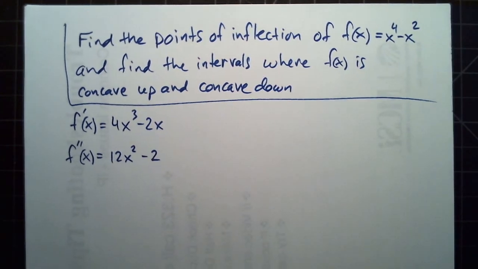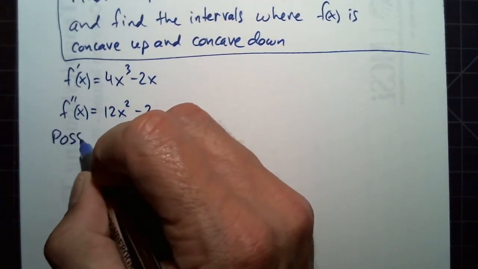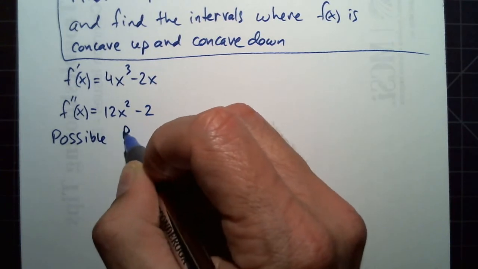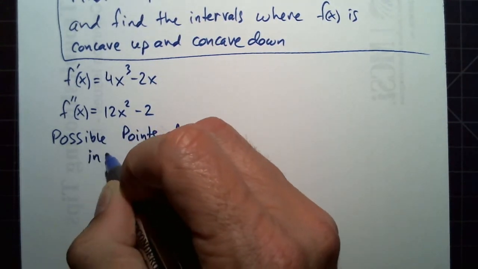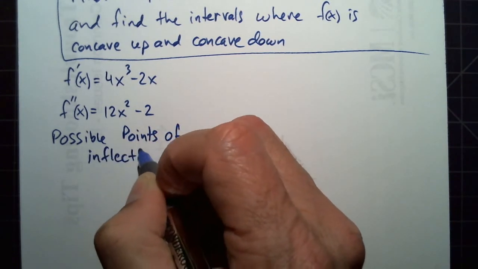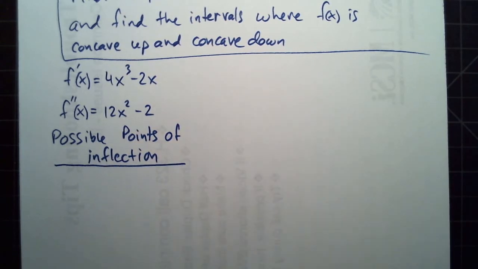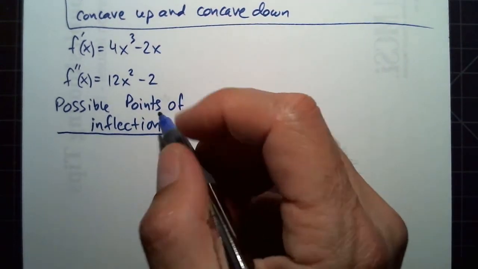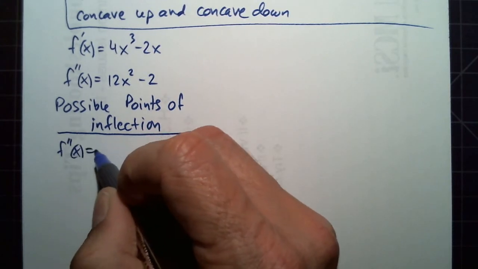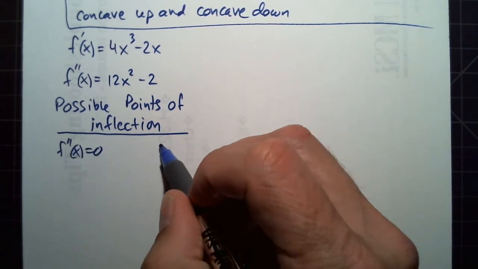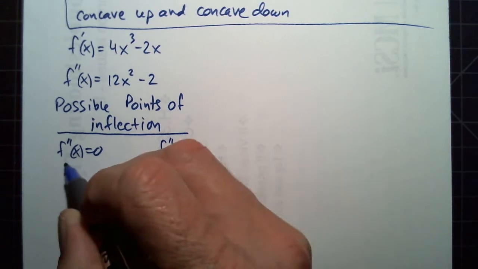Then we're going to find the possible points of inflection. That's similar to critical numbers, but now we're using the second derivative. We want to know when the second derivative is 0 or the second derivative is undefined.